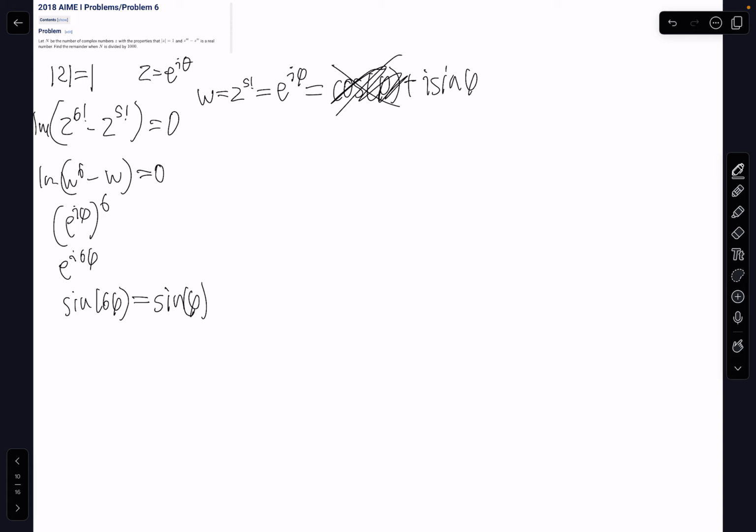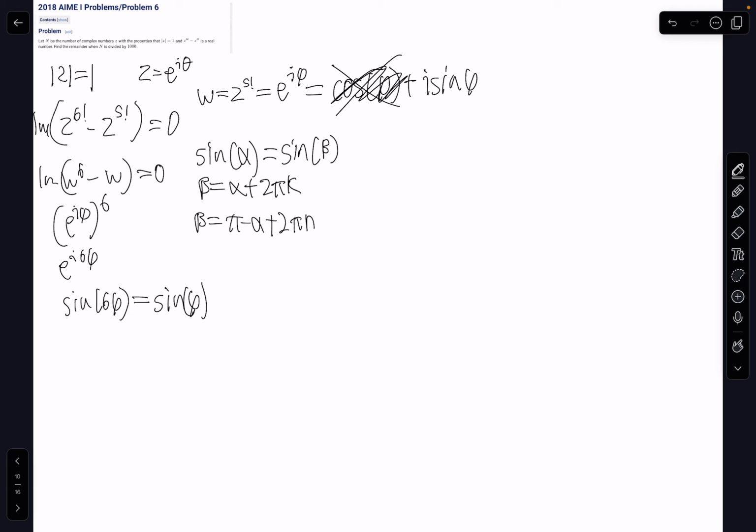Okay, so now we have two cases that we can look at to see what values of phi work, right? So sine of some angle alpha can equal sine of another angle beta in two cases. Either beta is just alpha plus some 2 pi k, or beta is pi minus alpha plus some 2 pi, let's call it a different number n, right?